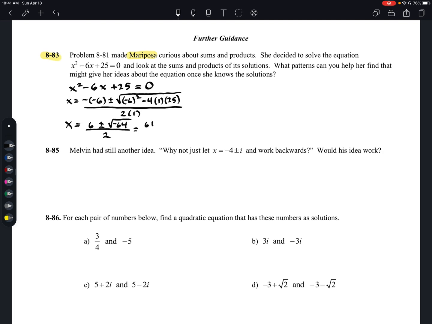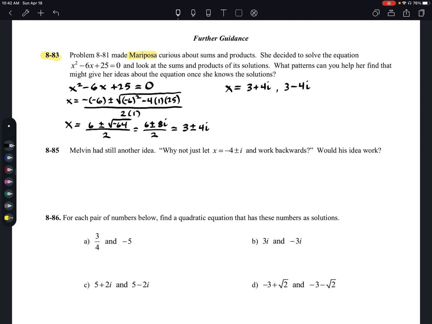That's 6 plus or minus the square root of -64, which is 8i, over 2. When we simplify that, we can divide them both by 2 and get 3 plus or minus 4i. So x is equal to 3 plus 4i, and x equals 3 minus 4i.